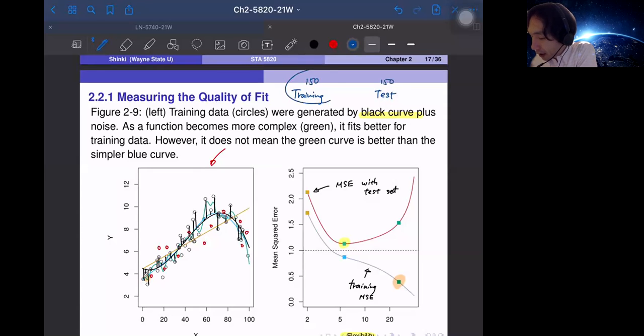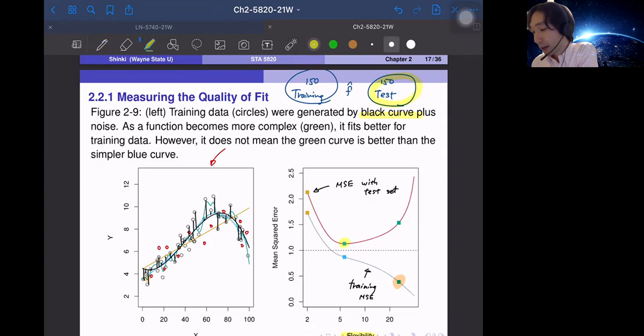Then we estimate the model f hat by the training set only. Then we measure the performance with the test set. In that way, the error for the test set is a better measure for the future performance, the performance for the new data set.